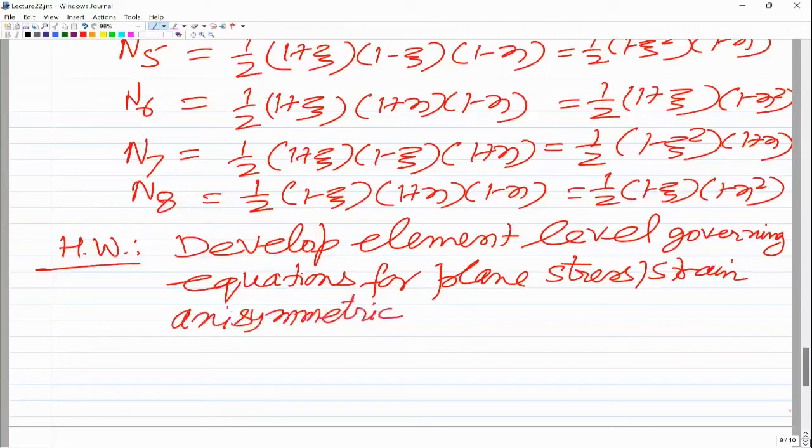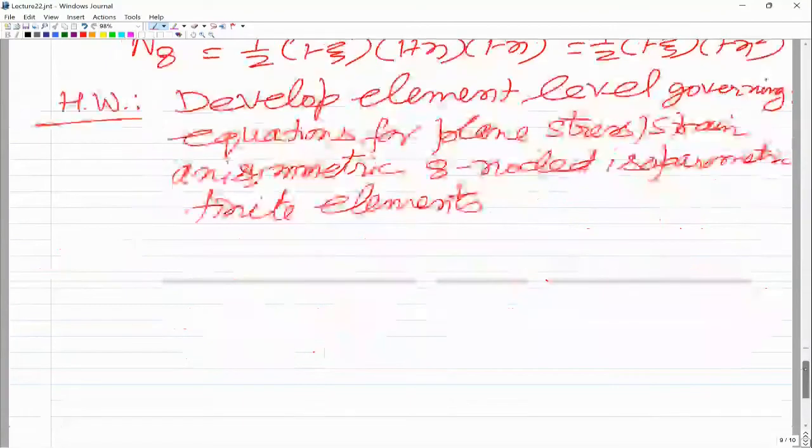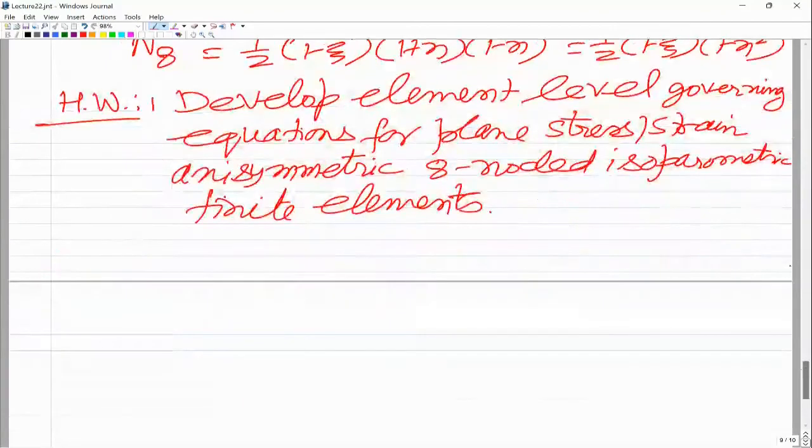So you basically have to write all the steps: axisymmetric, 8-noded, isoparametric, finite elements. So that is one. There are others, smaller problems also I want to give. So this is one homework problem.